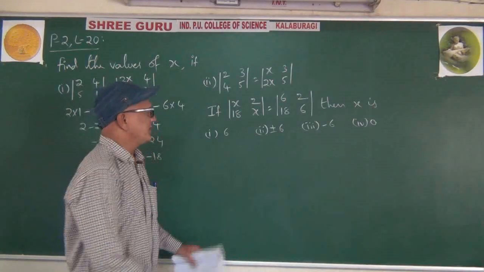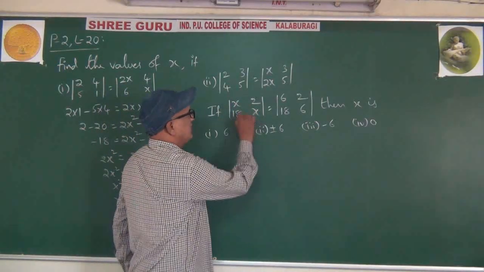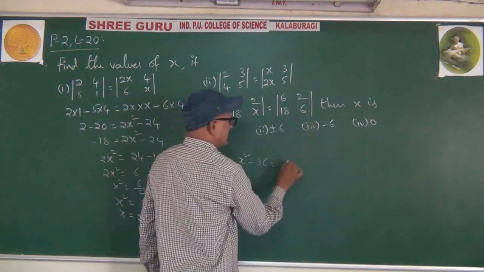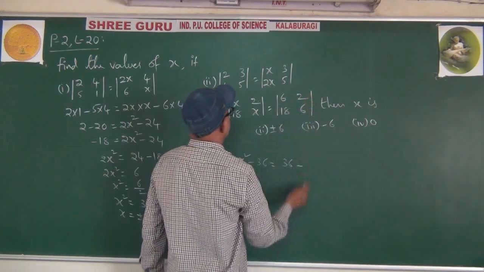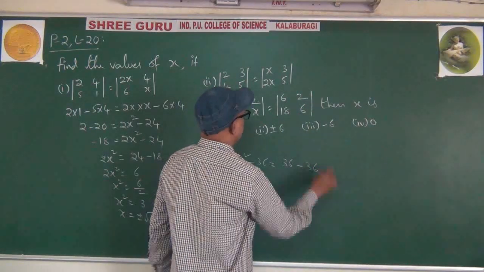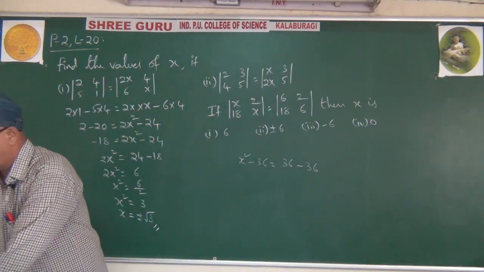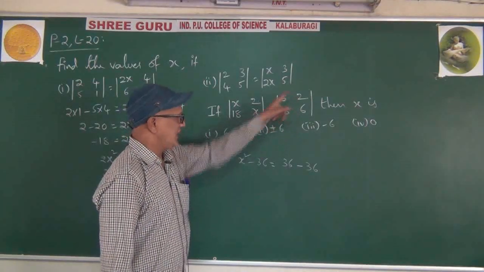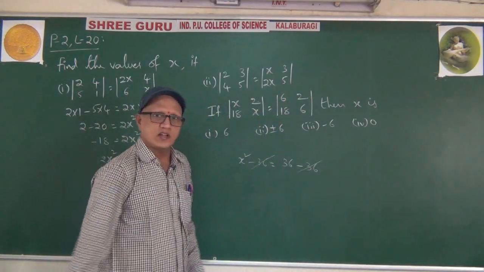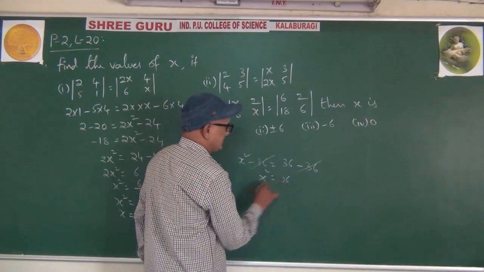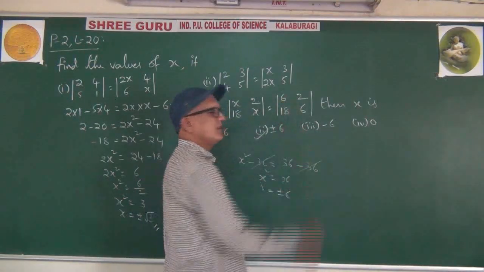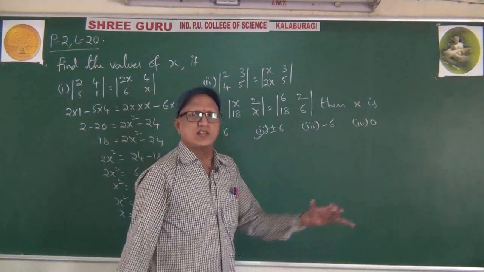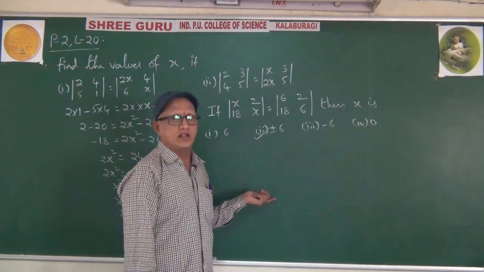This question is also homework. x into x is x square, 18 twos are 36. 6 sixes are 36, 18 twos are 36. x square minus 36 equals 36 minus 36, so the 36s cancel. x square equals 36, x equals plus or minus 6. This will be the answer. Okay? You try slowly. Simple, almost I only do.